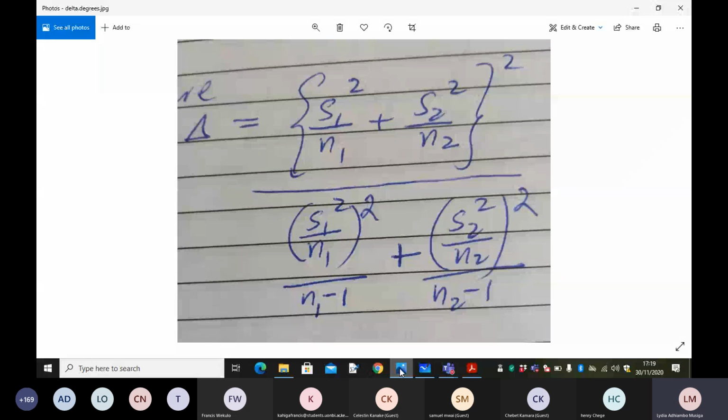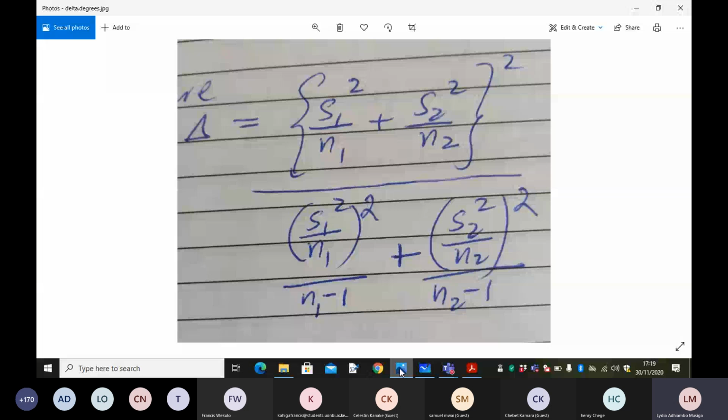So delta is equal to, open the bracket, s1 squared over n1 plus s2 squared over n2, close the bracket, squared, divided by s1 squared over n1 in brackets squared divided by n1 minus 1, plus s2 squared over n2, everything in brackets squared, divided by n2 minus 1. So this is how we calculate delta. Let me just give you a minute so that you copy that.